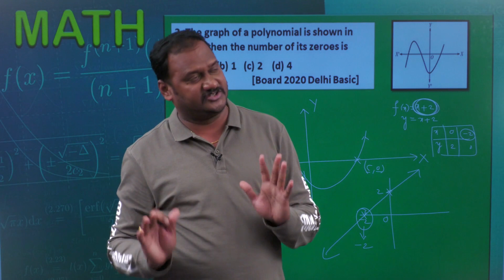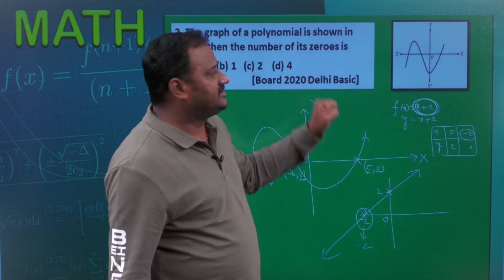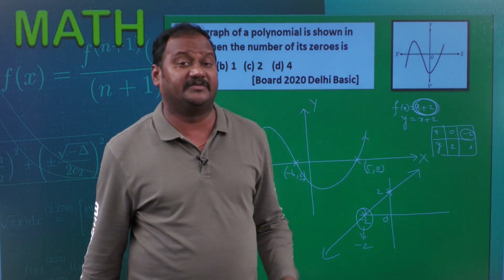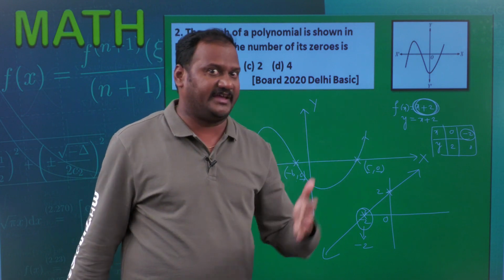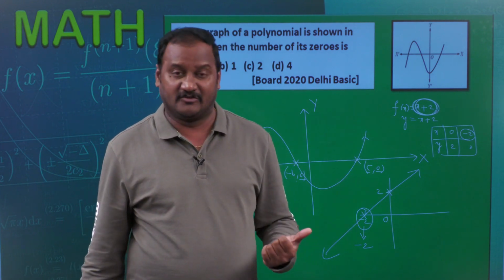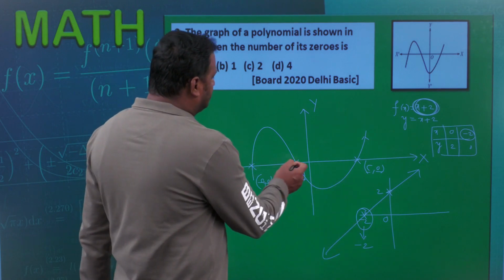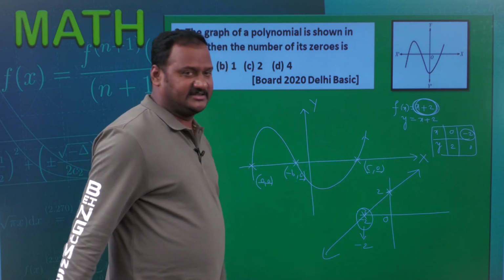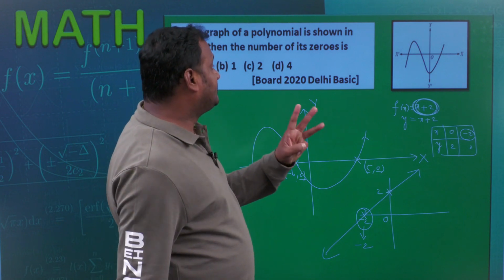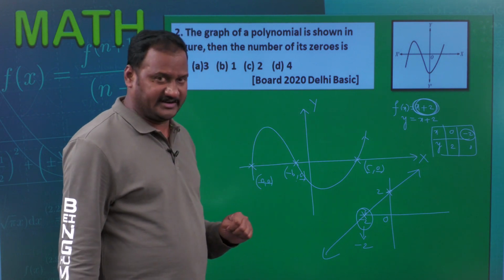Please do not get any confusion, and in order to find zeros of the polynomial by a curve, we will not consider the points on the y-axis where the curve is intersecting the y-axis, right. So, since it is intersecting at 1, 2, 3 points with the x-axis, therefore, there are totally 3 zeros of the polynomial. Hope you understand?